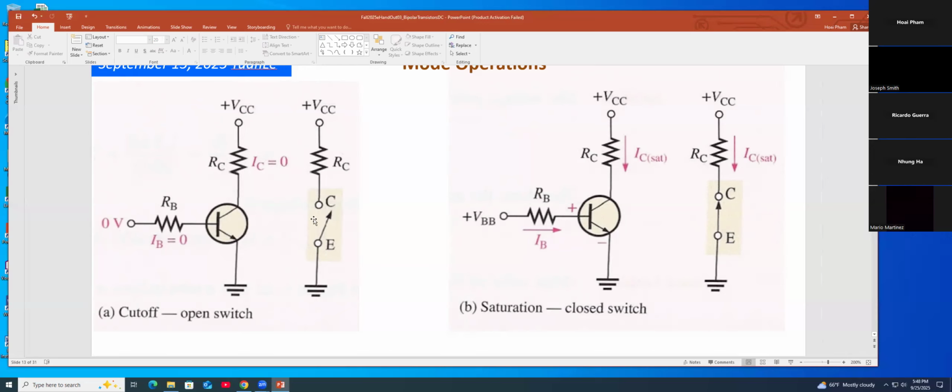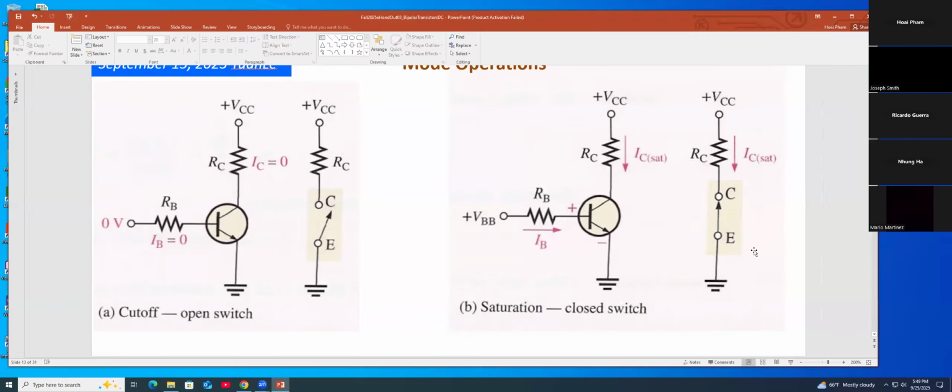That means collector to emitter open. And if the transistor is saturated, then the collector connects to the emitter.